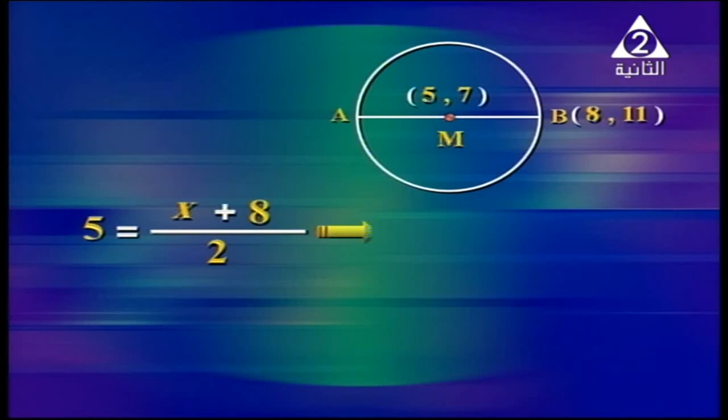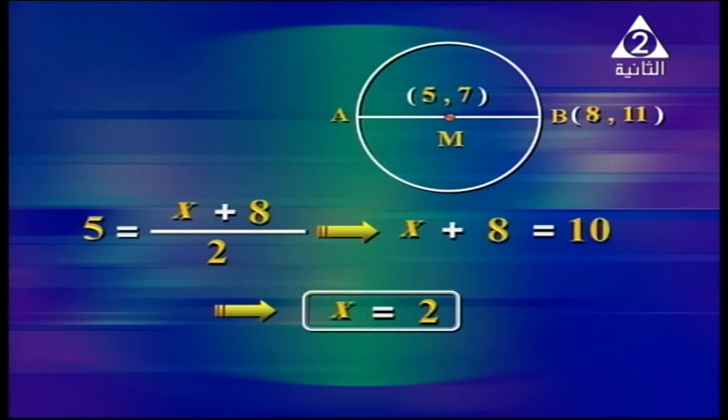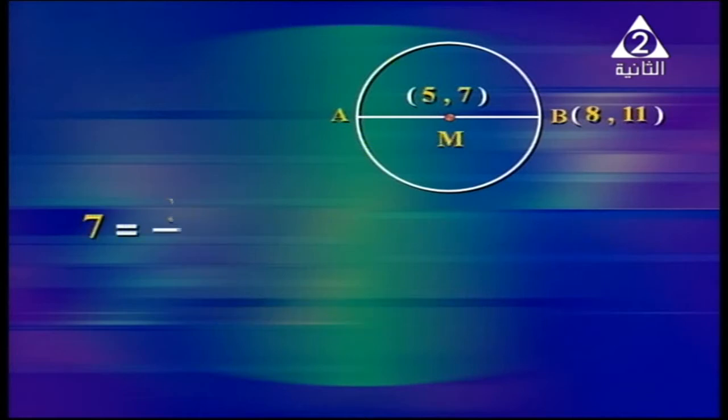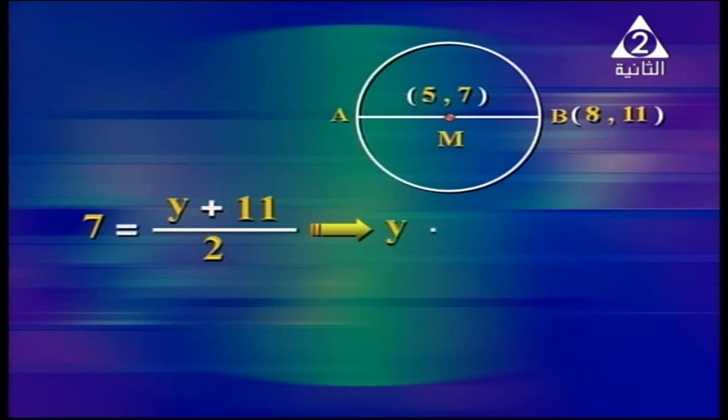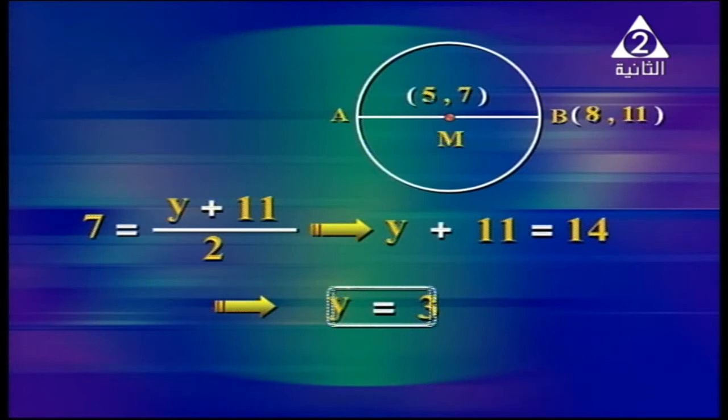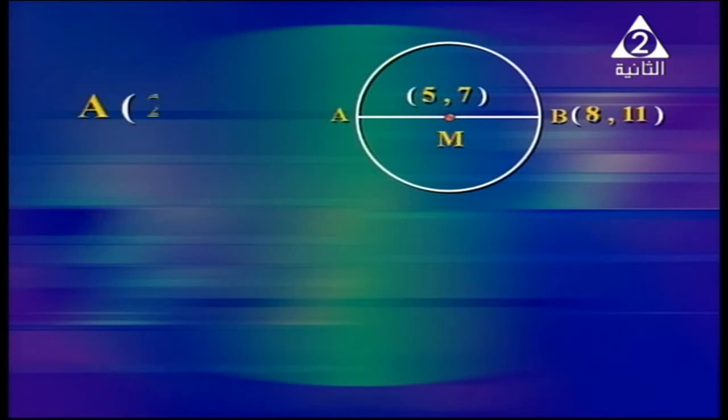Then 5 equals X plus 8 over 2, and by making cross multiplication, X plus 8 equals 10. Then the value of X will be 2. In the same way, 7 equals Y plus 11 over 2, so Y plus 11 equals 14. And in this case, we can say that Y equals 3. So what about the point A? It will be (2, 3).